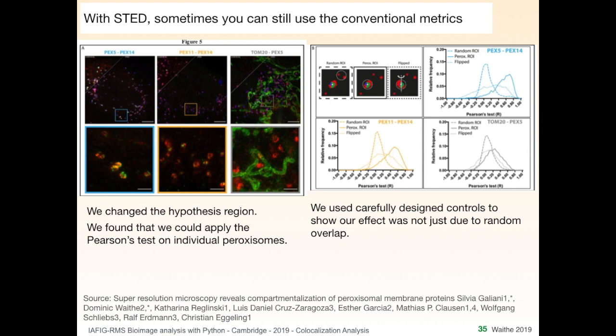So we got away from the fact there was a lot of black space, and in our case there was still enough overlap. The resolution was low enough that it was still meaningful to do our Pearson's test. And we did nice controls where we flipped around the images and patches and things like that, and we could see that there was definitely a correlation there relative to the random controls. So although it's challenging to use the old metrics in the age of super resolution, it's still possible if you understand what's going on with the algorithm and how to apply it.